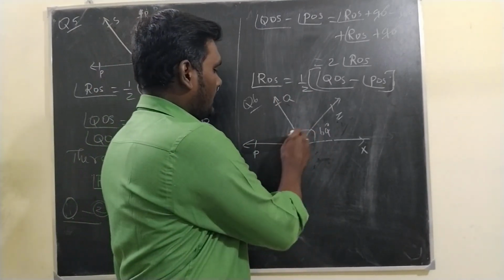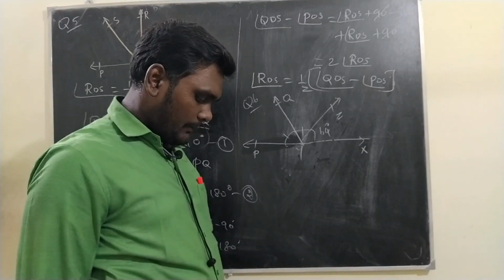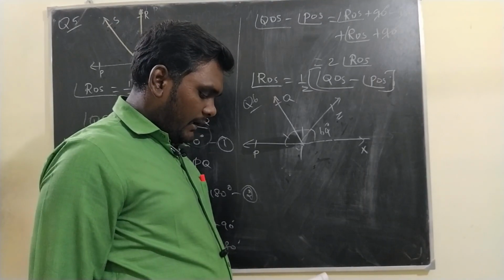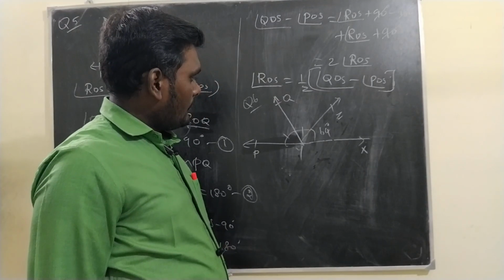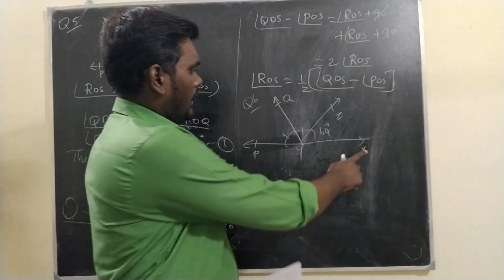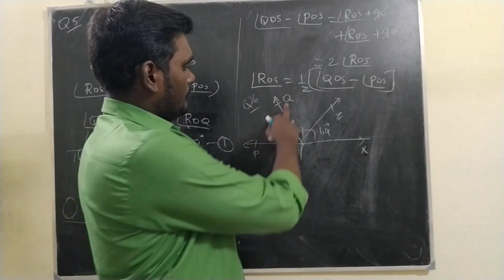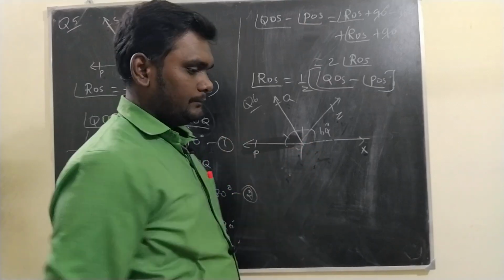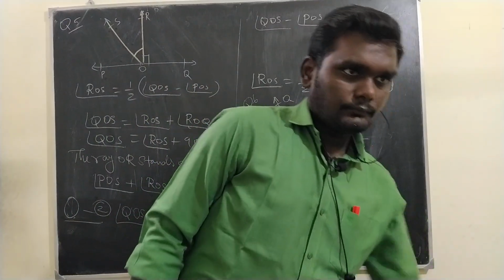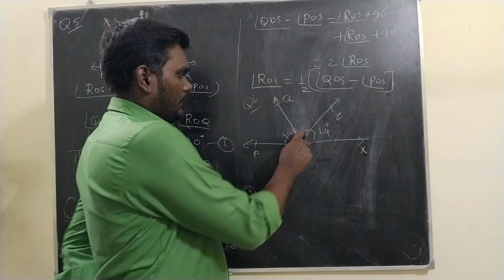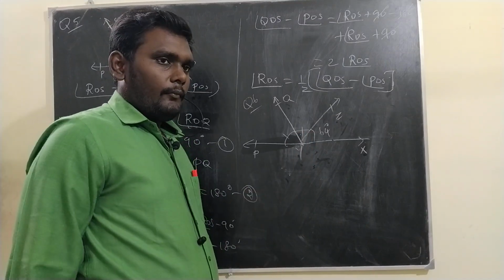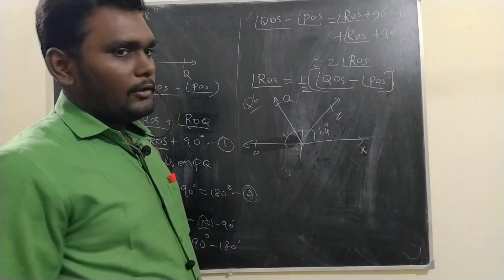Bisect means these two parts are equal. Find XYQ and reflex of QYP. These two parts, ZYP divided into two equal parts.